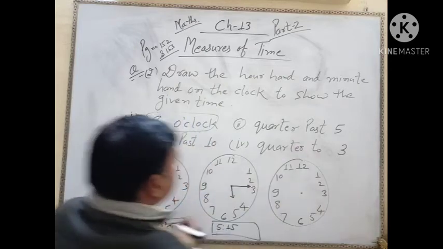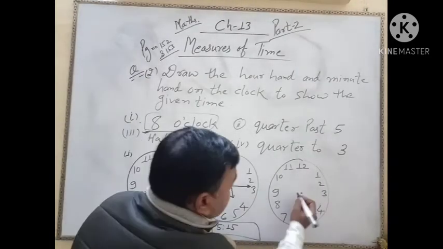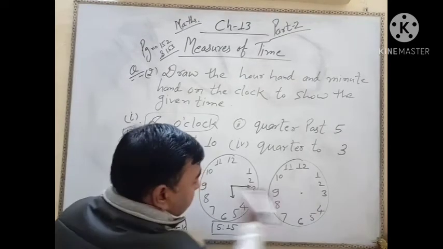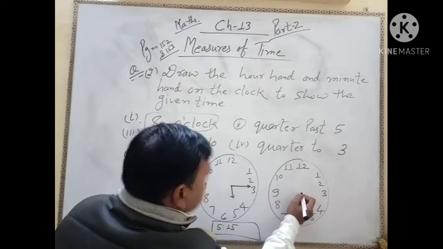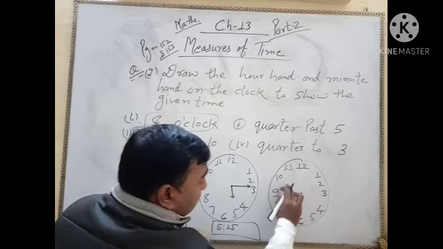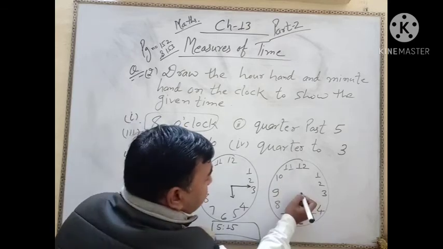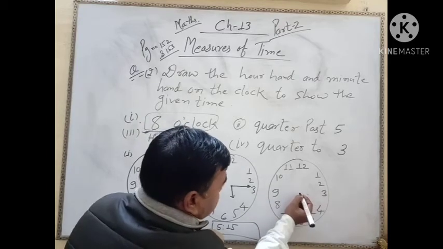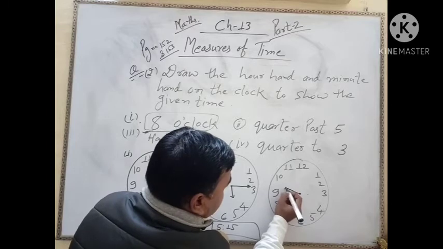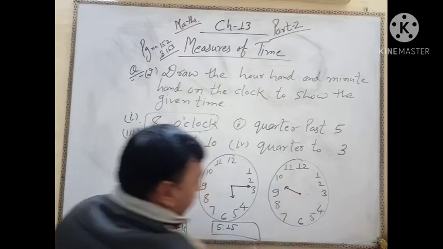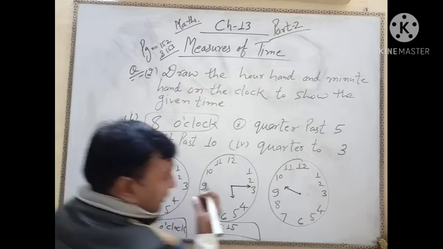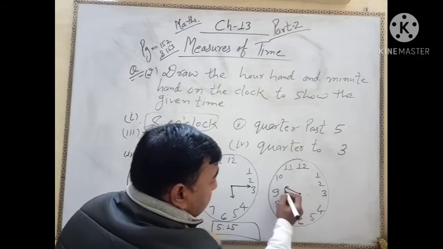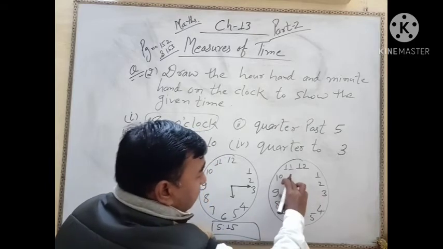Okay, now come to question number 3, half past 8. To show this time on this clock, we will draw two hands. The smaller hand will be between 8 and 9, crossing 8 and partially on 9.